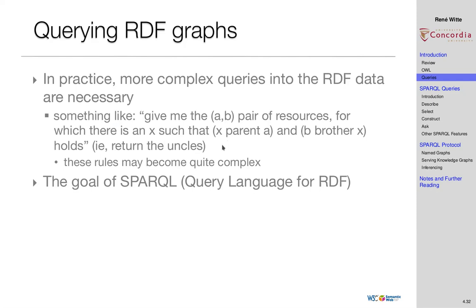And you can see that you can make arbitrarily complex questions that you want to have answered from the knowledge graph. So we don't want to hard code these in Python or any other language. We want to be able to ask complex queries against a graph. And for this, there is a query language called SPARQL.